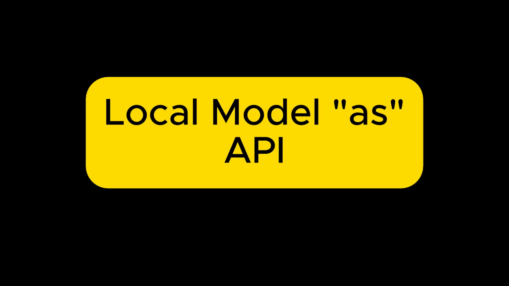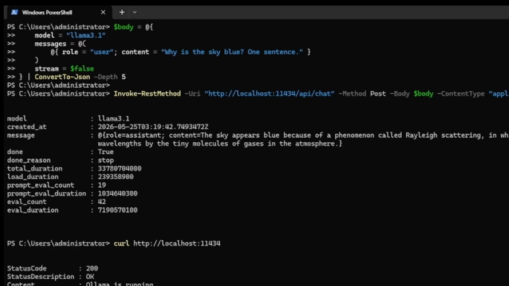Okay, so this section is very important for developers, because Ollama is not just a chatbot, right? It is actually an AI server. If you guys recall, I opened that localhost and that port, and it was indicating that Ollama is running. What that means is that you can use it as an API. So take a look at this small PowerShell script where I'm making an HTTP call using this API, and it is going to respond to you.